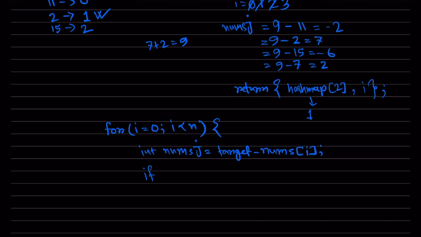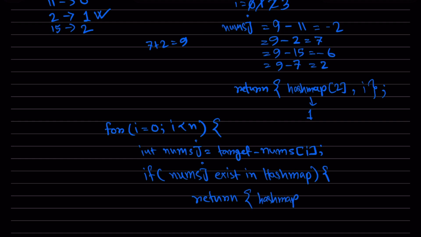Now in the if statement, I'll check if nums[j] exists in the hash map, then return the pair of indices that satisfies it. In this case, hash map of nums[j], where nums[j] works as the key, will give me my index value, and I'll return my i.